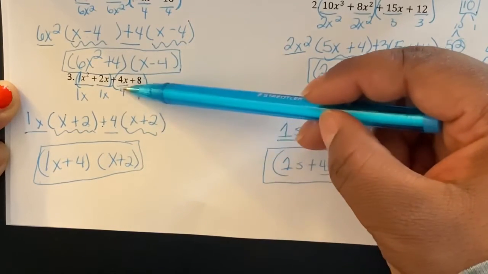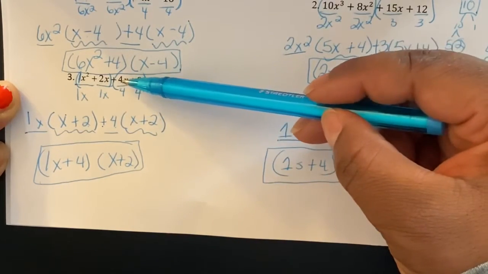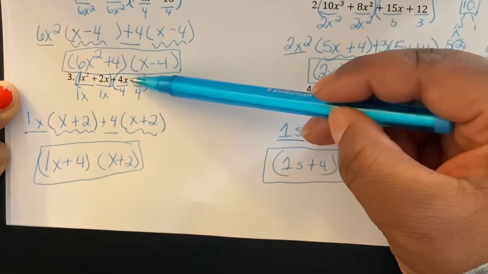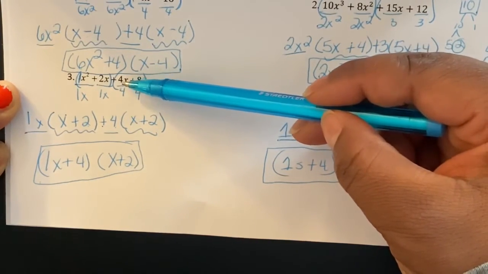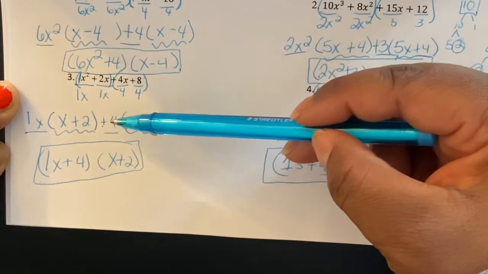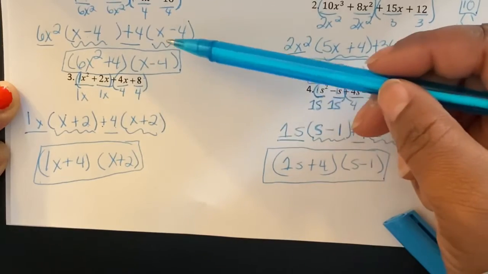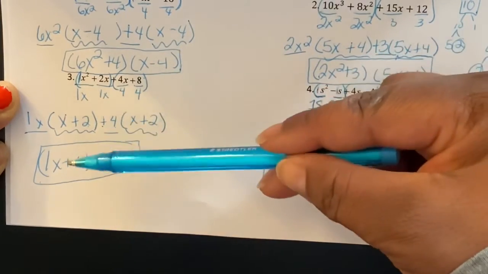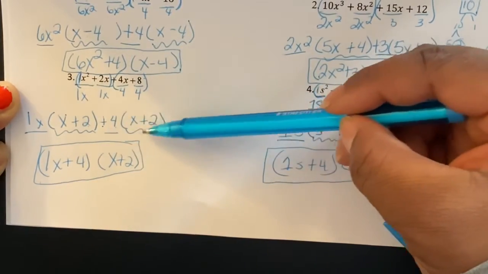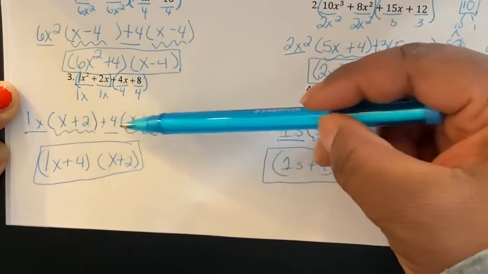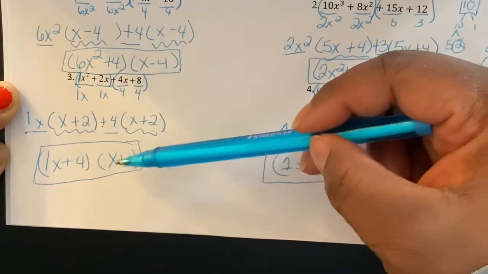Okay, and then 4x plus 8, they both have the coefficient of 4 in common. They do not have any x's in common, so I got 4x divided by 4, put the GCF outside, that's x, and then 8 divided by 4 is 2. Okay, the x plus 2's are considered one factor. I wrote it right here, and then I take my 1x plus 4 and I put it together, and I'm done.